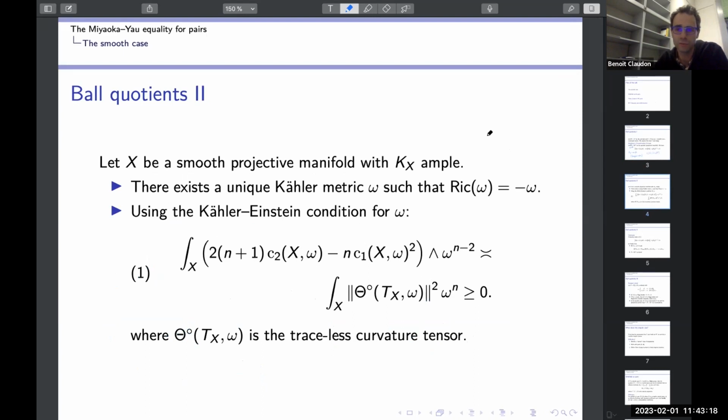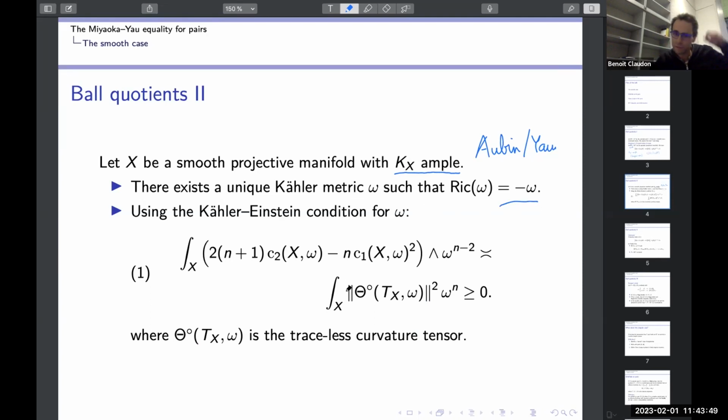So according to these people, we know that if K_X is ample, then we can find a unique, actually, but we don't need the uniqueness here, Kähler metric with negative Ricci curvature, and exactly Ric(omega) is minus omega.